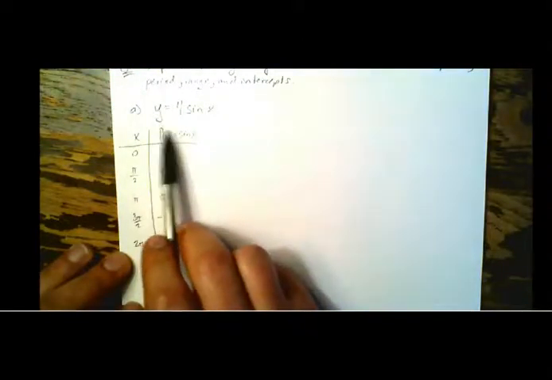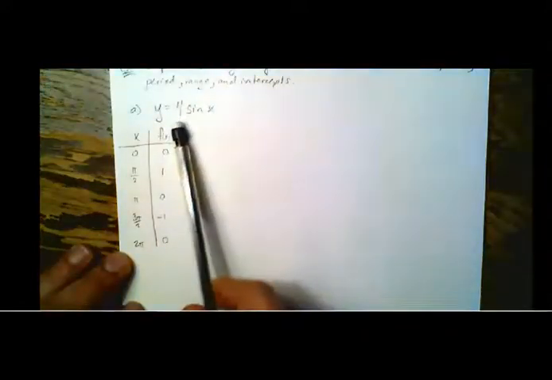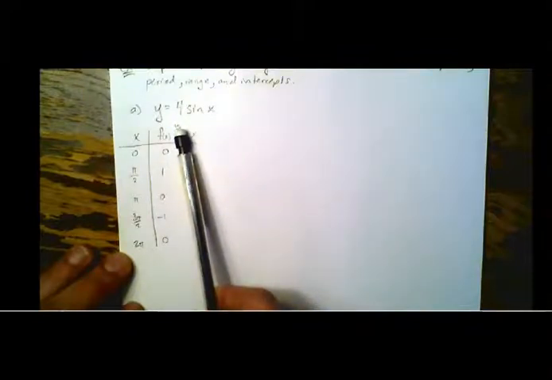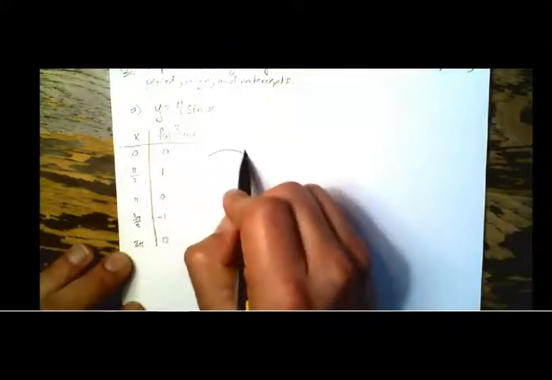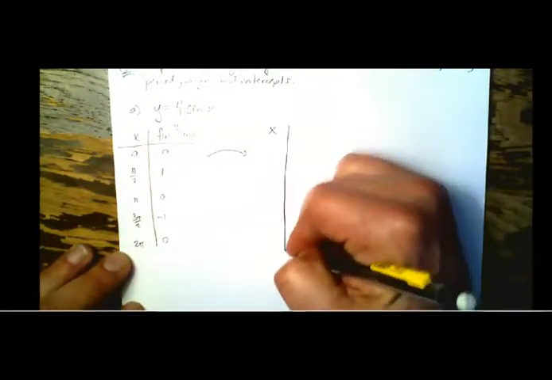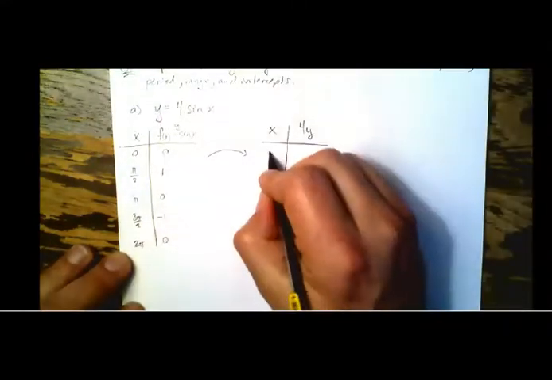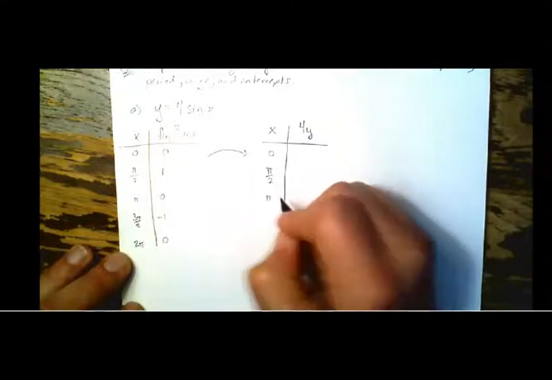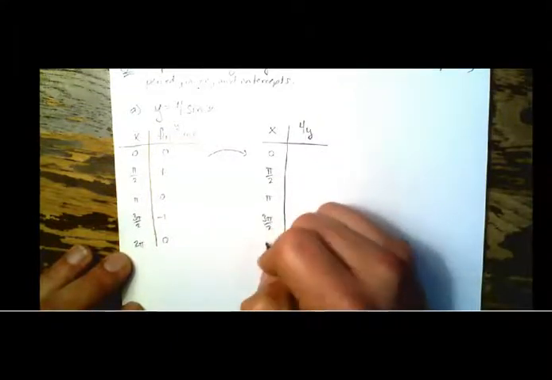So now what do transformations tell us to do? Here are our y values. Note that the 4 is going to affect the y coordinates only. So when we do our transformation, our x's are going to stay the same, but we're going to have 4y. So x's stay the same, 0, pi over 2, pi, 3 pi over 2, and 2 pi.